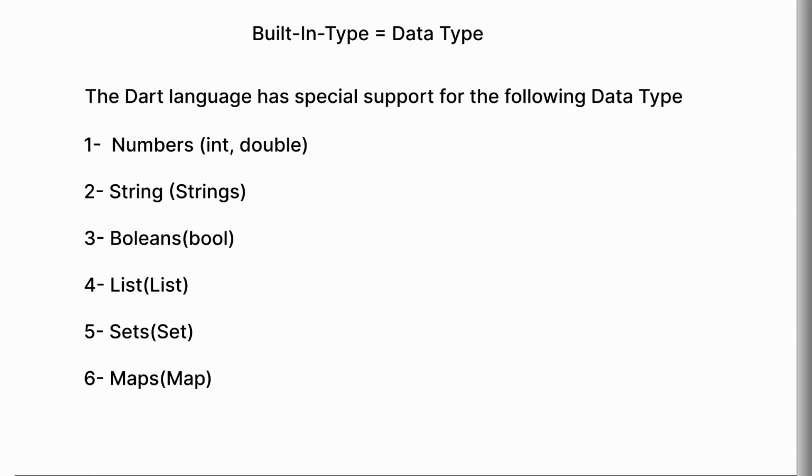If you want to store a list of data in a variable, then you should use the list data type. If you want to store a list of data without repeated values, then you should use the set data type. And in the last, if you want to store key-value pair data, then we should use the map data type.